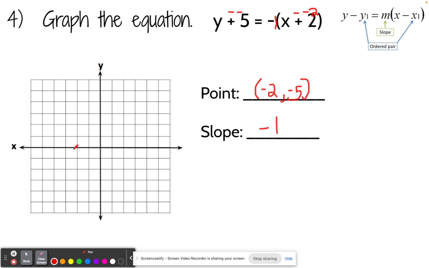So the point is -2, -5. My slope is -1. It is a downward slope, negative slope, so I can have a point here, a point here. Let's keep going diagonally, and all of those will be on my line. That's it.